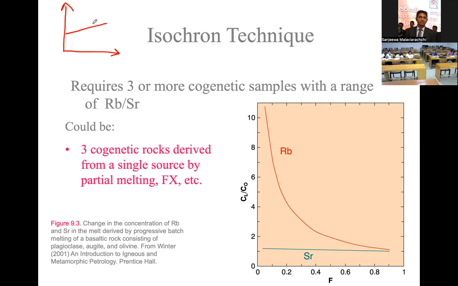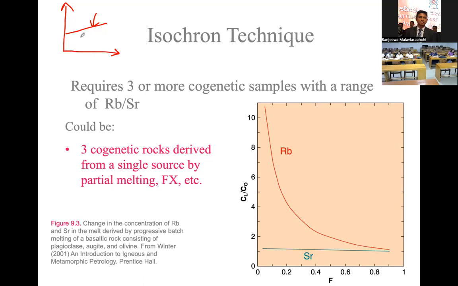This straight line is called the isochron. This is called an isochron when you use several minerals or several rock samples, I mean multiple samples of the same rock, or multiple mineral fractions.